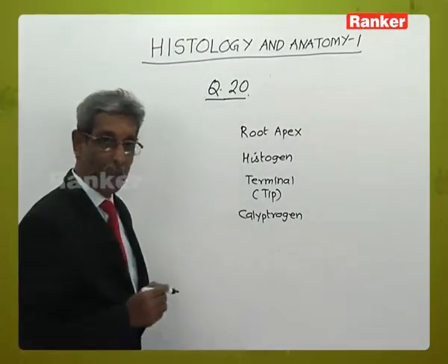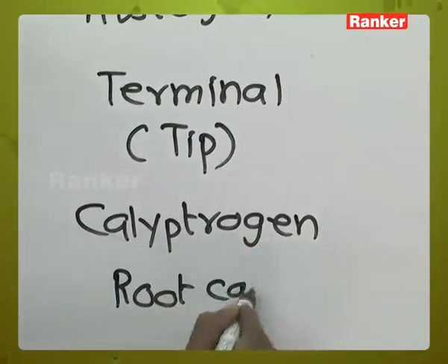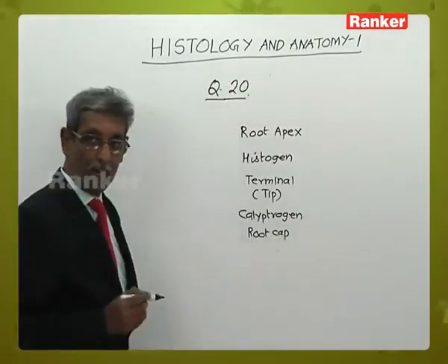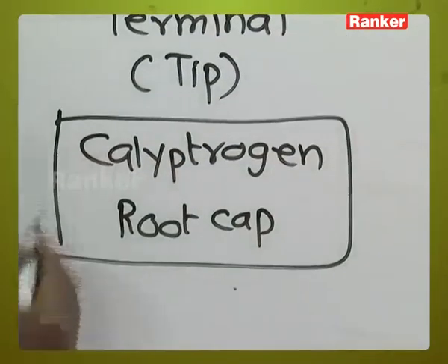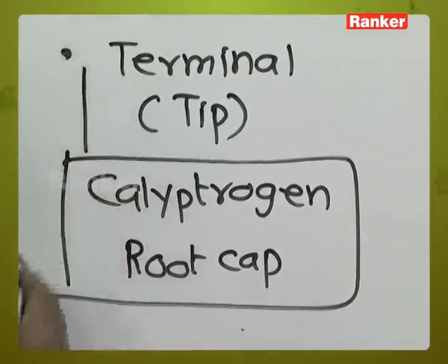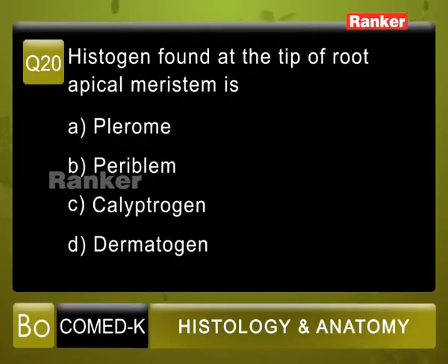The calyptrogen gives rise to the root cap, which is a protective tissue. So, calyptrogen forming the root cap, its position being terminal, it being a histogen, is a characteristic feature of the root apex. The answer is C.